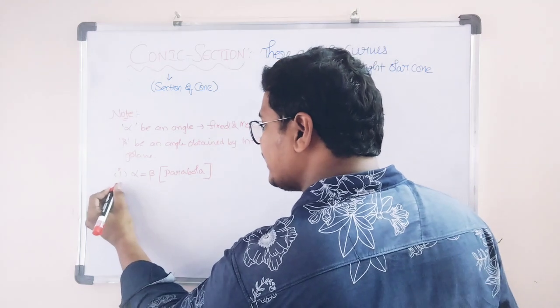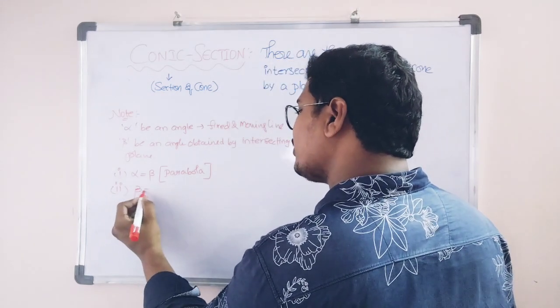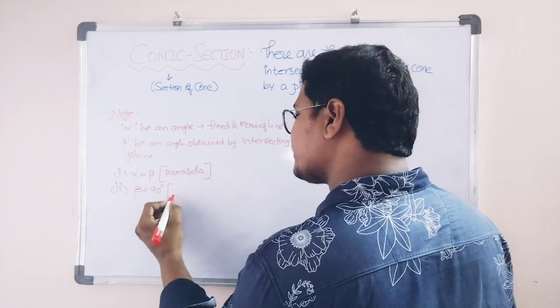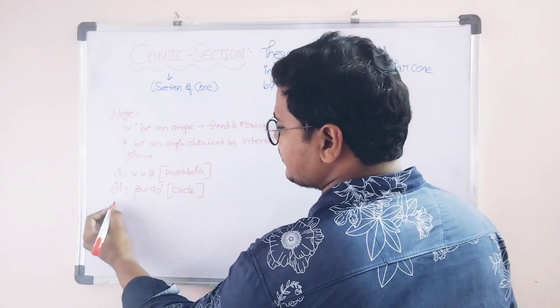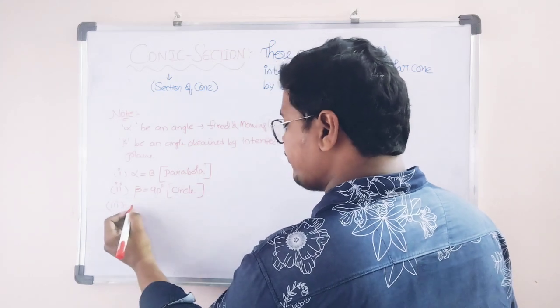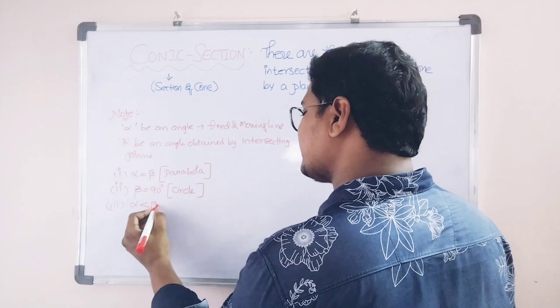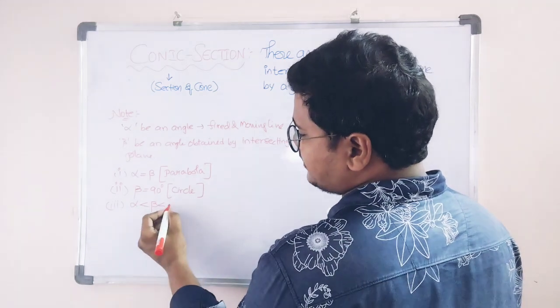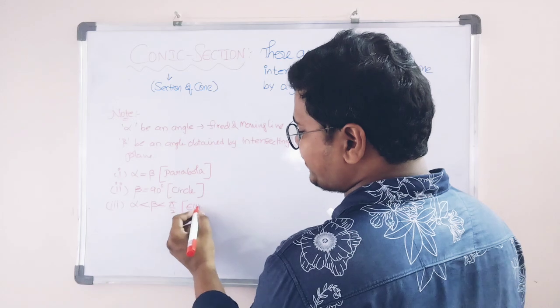Coming to the next, if beta equals 90 degrees, that figure forms a circle. And the third case, if alpha is less than beta and beta is less than pi by 2, then this figure is obtained as an ellipse.